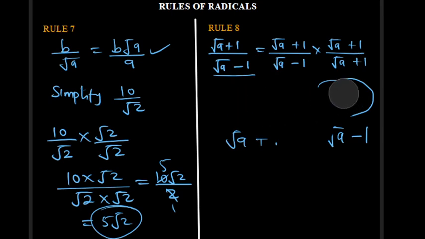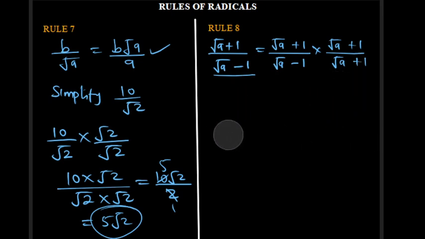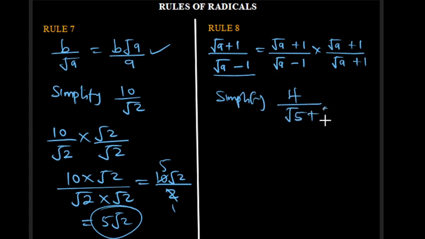So let's take one example on this root 8. Imagine you're asked to simplify 4 upon root 5 plus root 3. So we rationalize by using the conjugate of root 5 plus root 3.